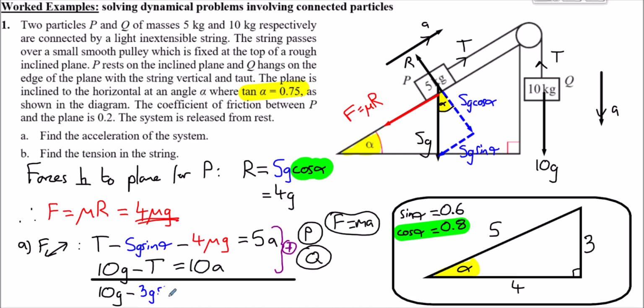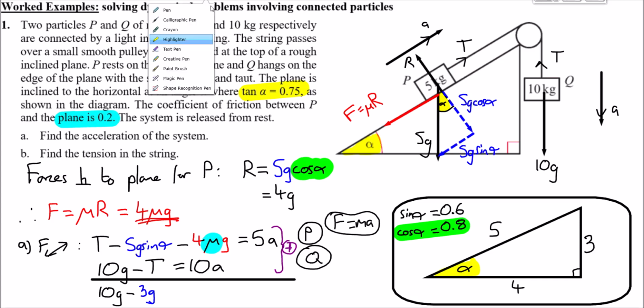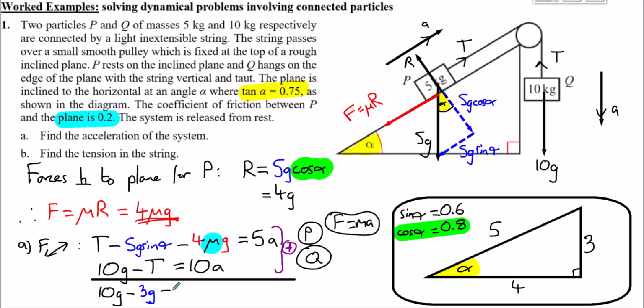It's been a long day, please forgive me. And here, if you want to, we can substitute in mu, which we know is 0.2. So 4 mu g means 4 times 0.2 times g. 4 multiplied by 0.2 is 0.8, so that's going to become minus 0.8g.